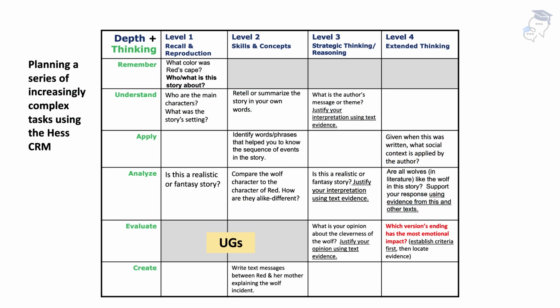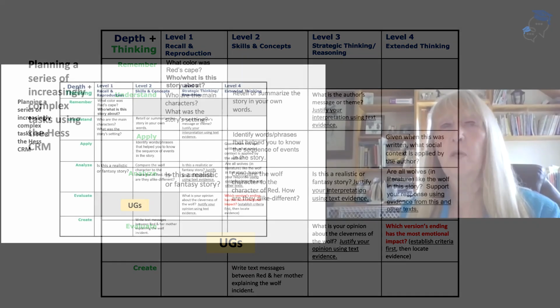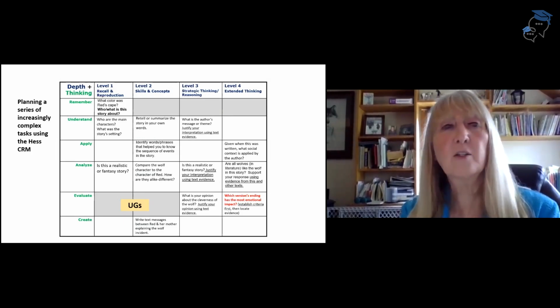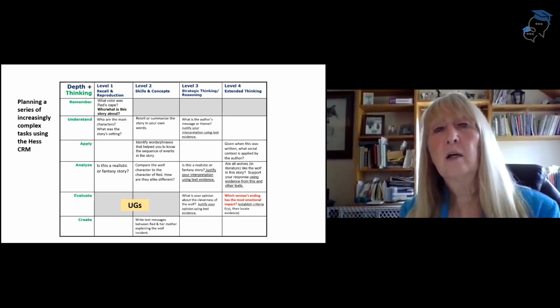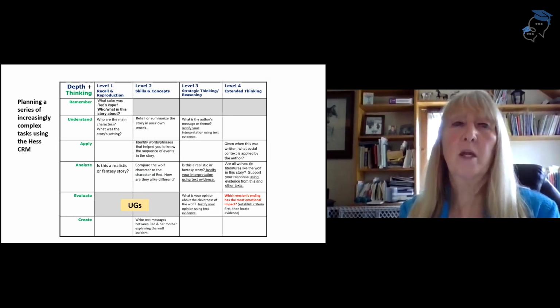If a teacher wanted to plan a series of tasks for a class, they might take a blank matrix, and you see the UGs in there. We don't want to just hear that you didn't like the story. But if we just read Little Red Riding Hood, we could ask basic questions. What color was Red's cape? What's the story about? But here's the connection you want to make with this.